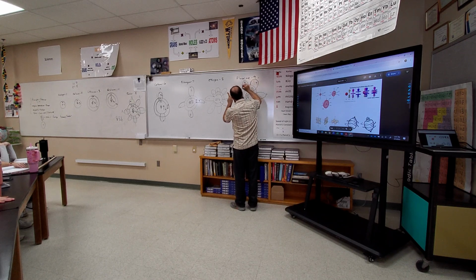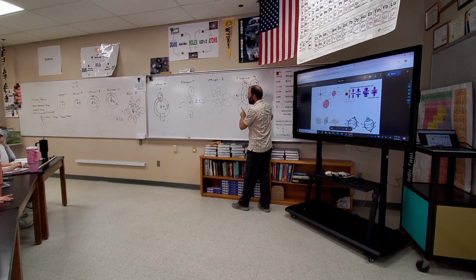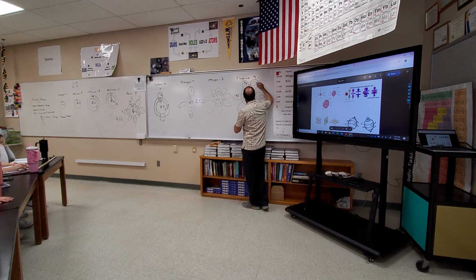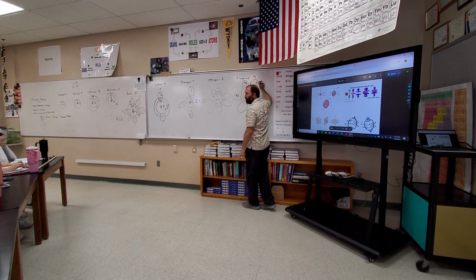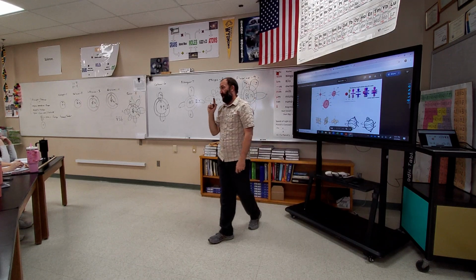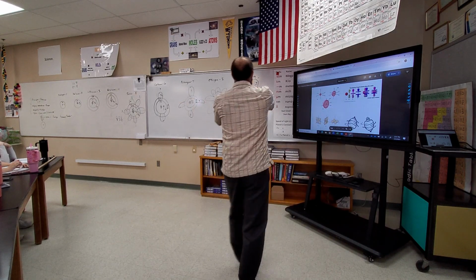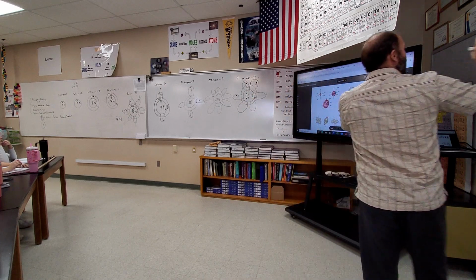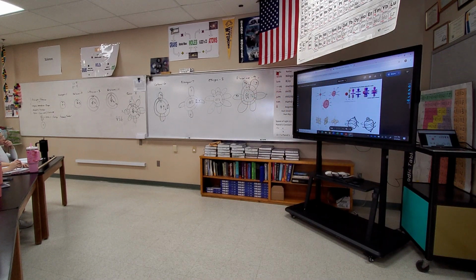Then we would start over again. There's 8, and there's 9. Okay? And now we have an empty space. That's significant because then for neon, that one is going to be filled up.